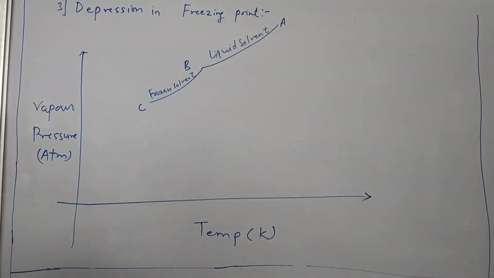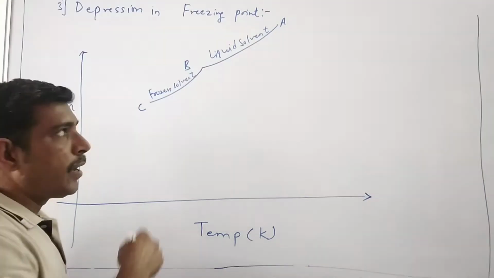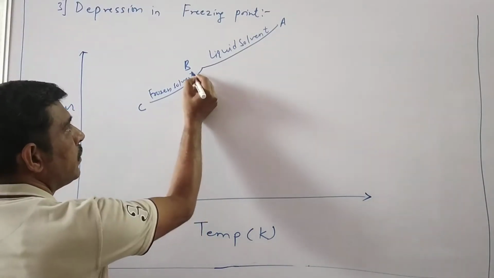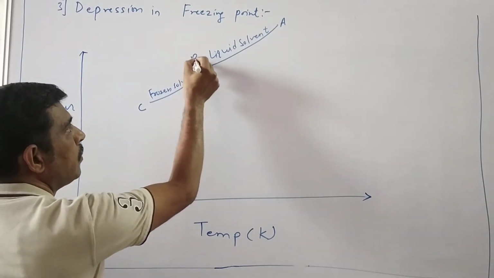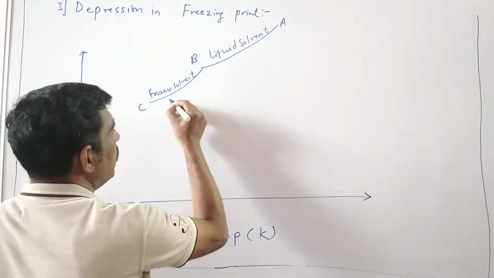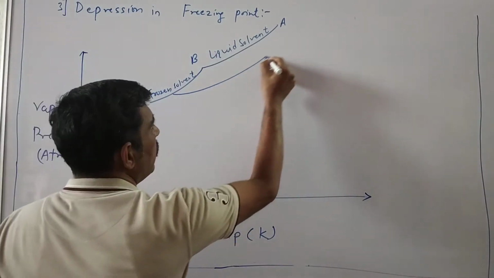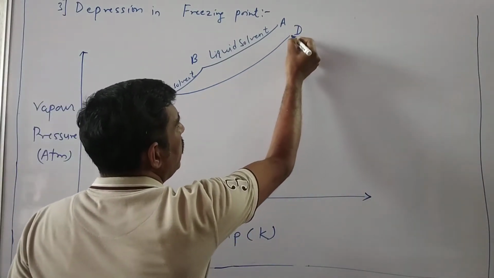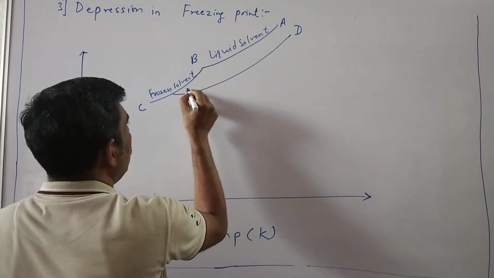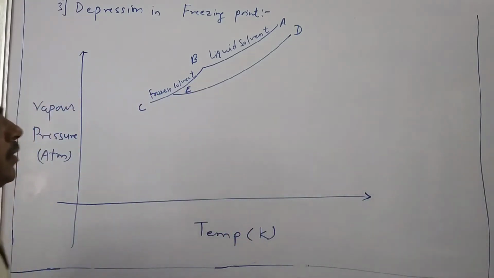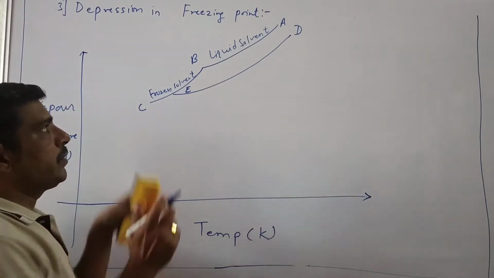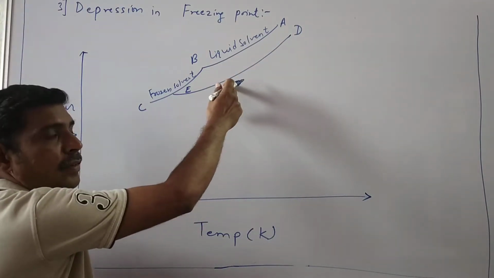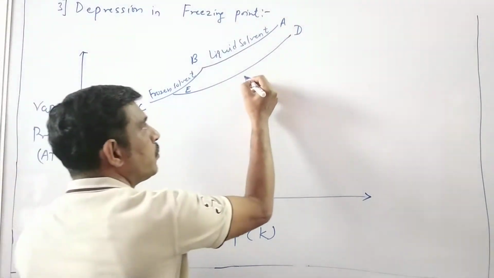Then again I will draw a third curve, that is curve DE. This curve DE represents the freezing point of solution.